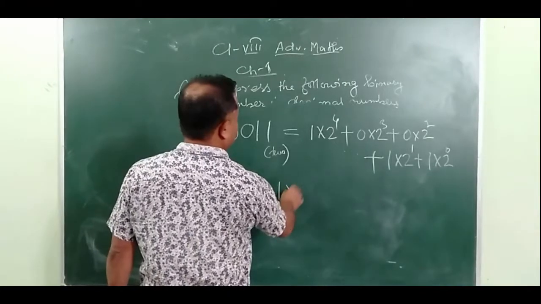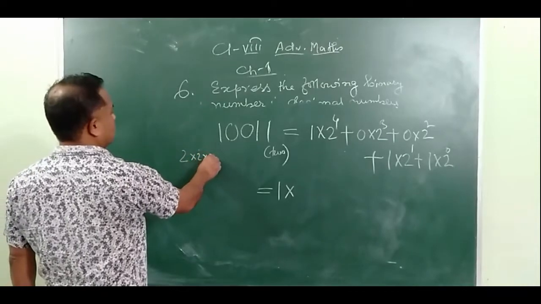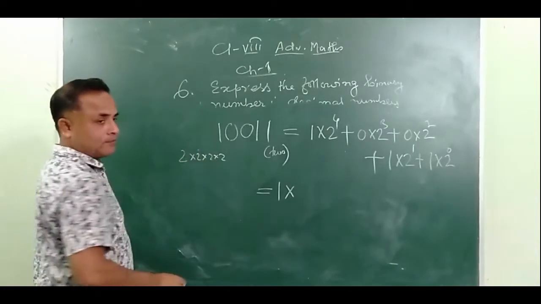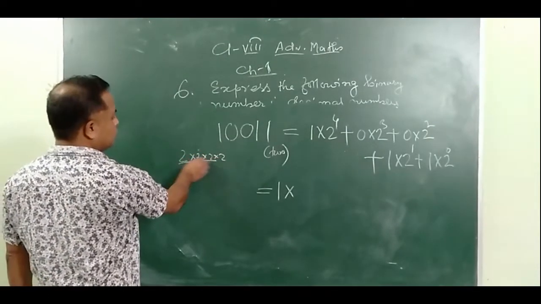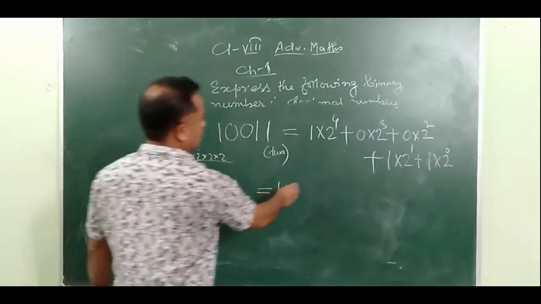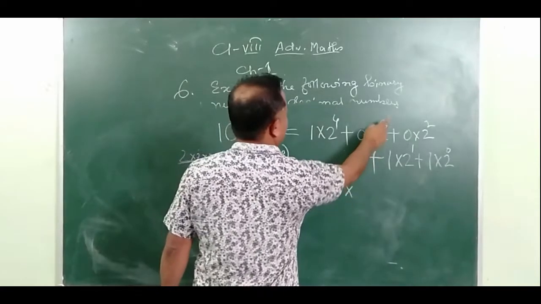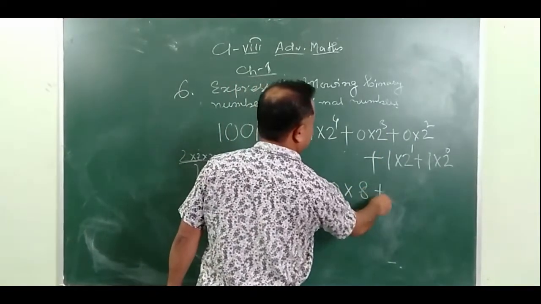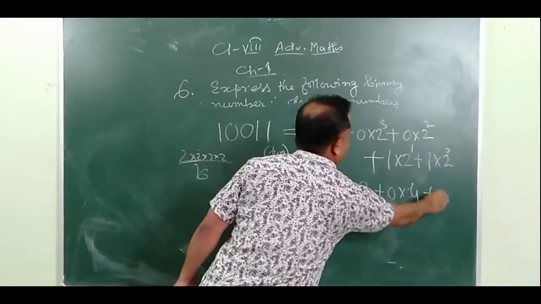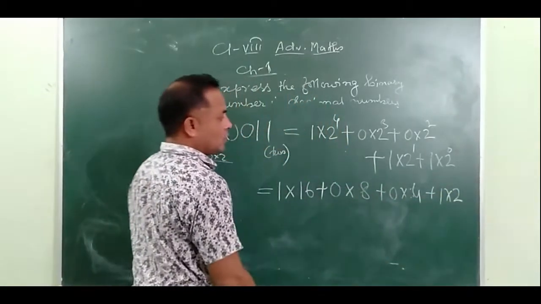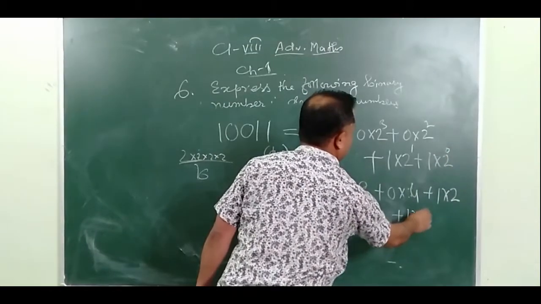So 1 into 2 to the power 4 means what? 2 into 2 into 2 into 2. 2 into 2 is 4, 4 into 2 is 8, 8 into 2 is 16. 1 into 16 plus 0 into 2 to the power 3, which is 8, plus 0 into 2 to the power 2, which is 4, plus 1 into 2 to the power 1, which means 2, plus 1 into 2 to the power 0, which means 1.